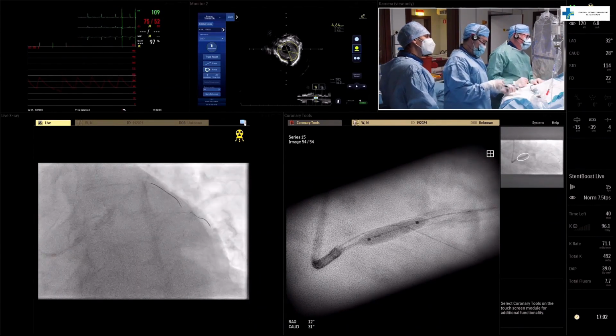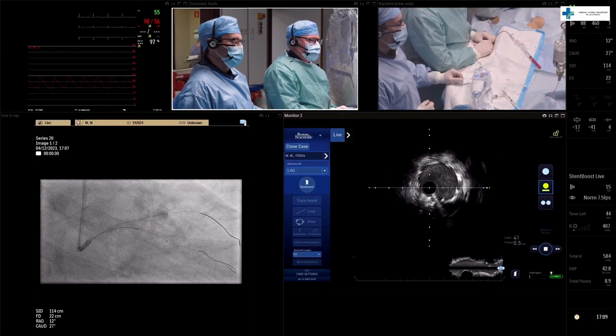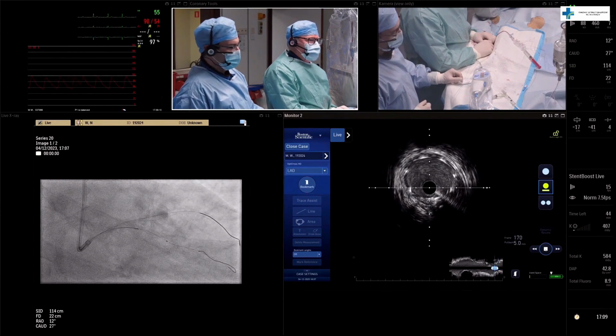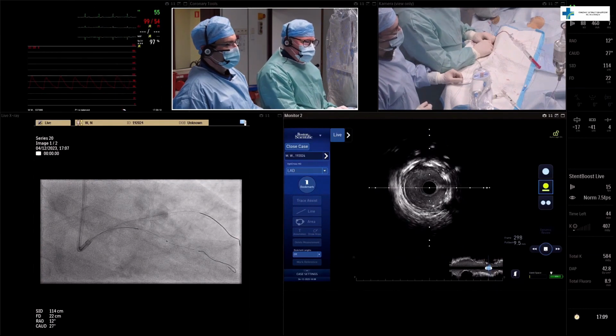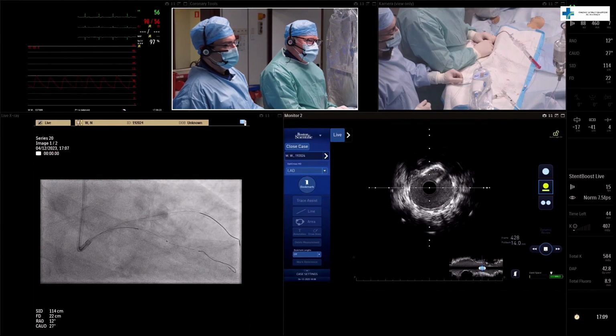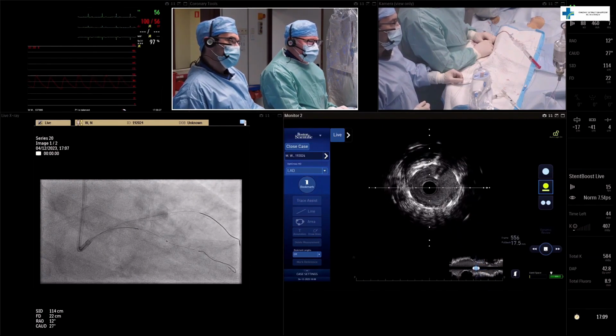6, and deflate. So we performed intravascular ultrasound, and this is the pullback from LAD. We see this stent, and in the proximal part, it looks like it's better opened. However, the most important is what we will find in the ostium of the circumflex.